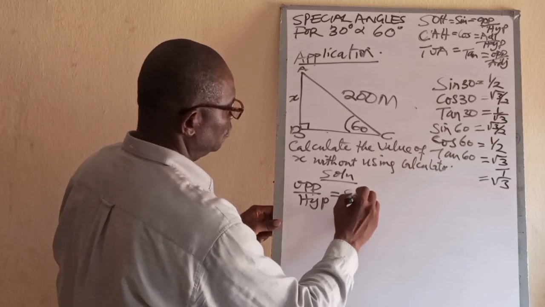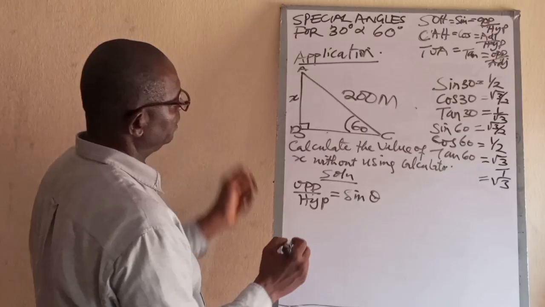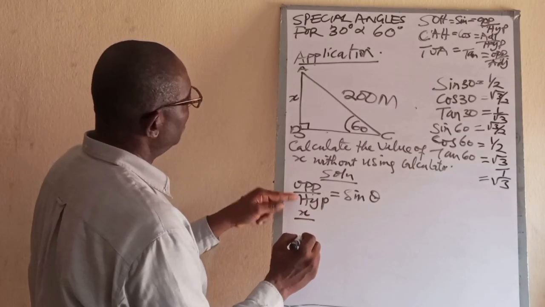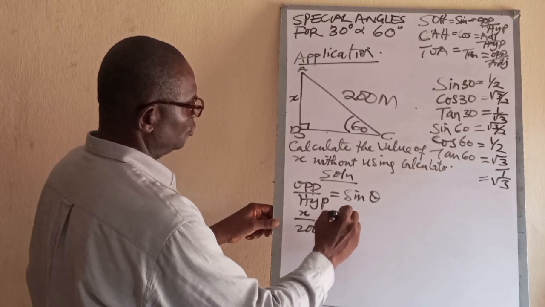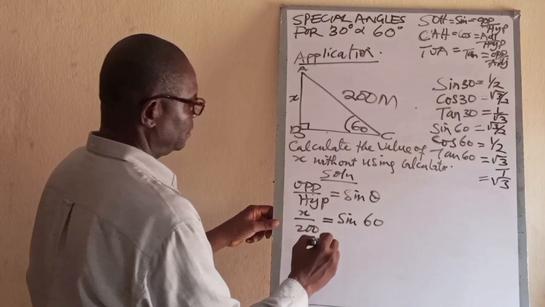So sine theta equals opposite over hypotenuse. Our opposite here is x, which is unknown, and the hypotenuse is 200 meters, equal to sine 60.